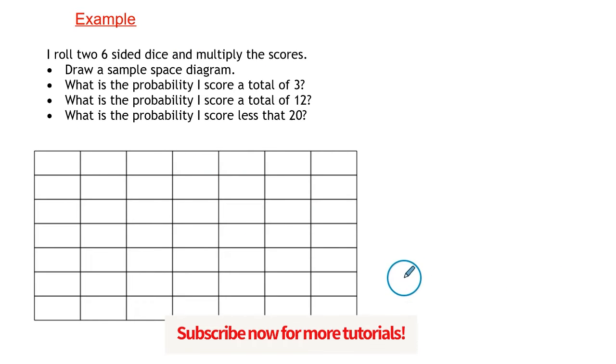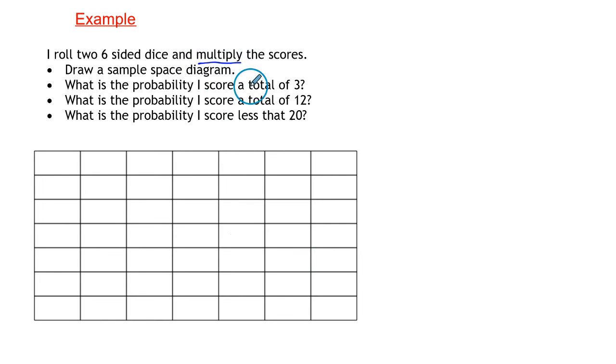I roll 2 six-sided dice and multiply the scores. Draw a sample space diagram. What's the probability I score a total of 3? Well, let's do the sample space diagram first, and then we'll be able to work out these probabilities.